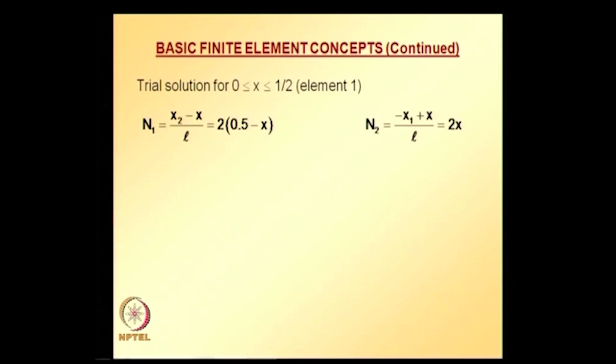So, you can plug in the corresponding spatial coordinates of the nodes and get N1, N2, and once you get N1, N2 you can write the approximate trial solution. Here the u1 value is also substituted, u1 is equal to 1, that is already given, and the derivative of u, you can easily check, turns out to be -2 plus 2 u2.